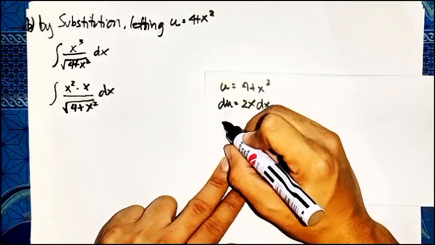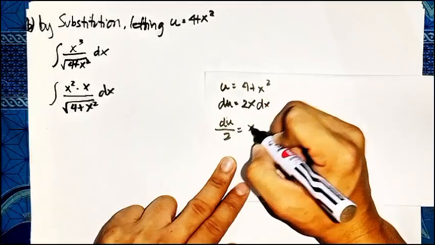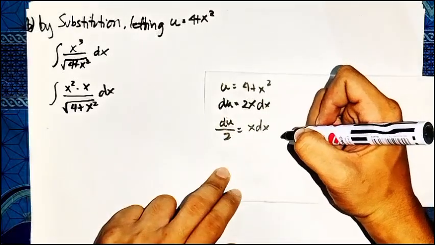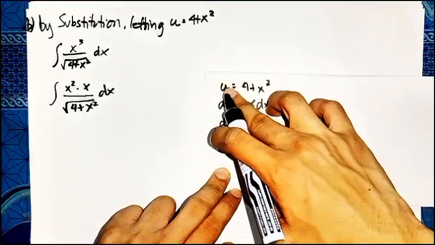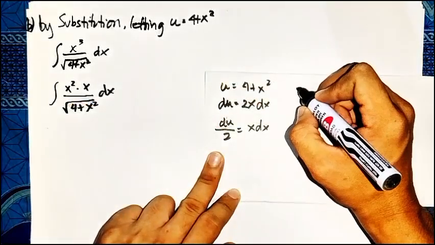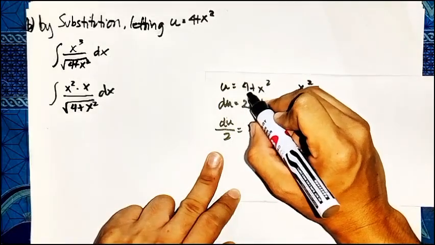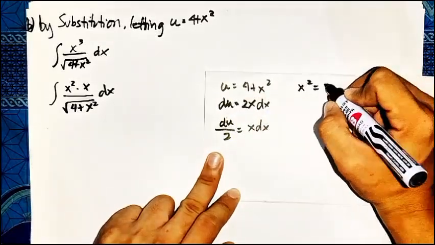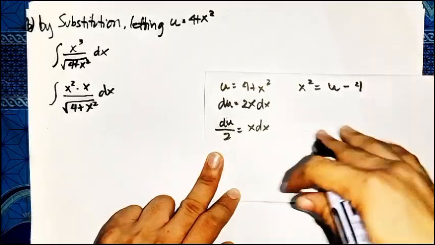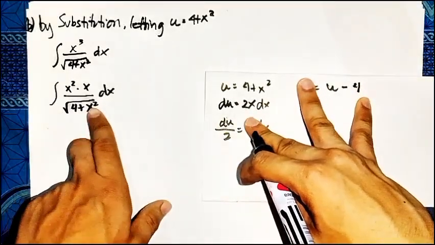So du over 2 is equal to x dx. Next, since we have x squared, and u is equal to 4 plus x squared, to find the value of x squared, let's add negative 4 to both sides. So x squared is u minus 4. Let's use this to integrate our problem.